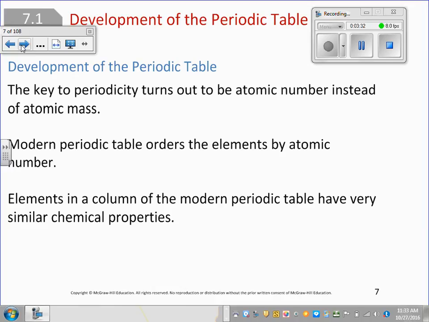So I already talked about sodium and potassium. Right, this ends in 3s1, and potassium ends in 4s1. Well, it turns out sodium, chlorine, NaCl, which is salt. Thank you. KCl.